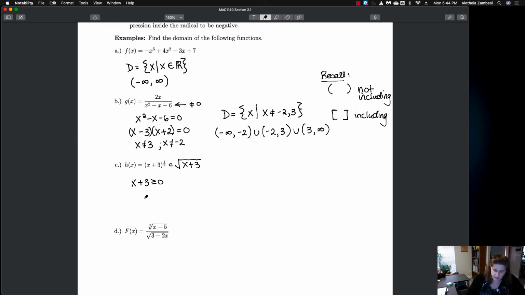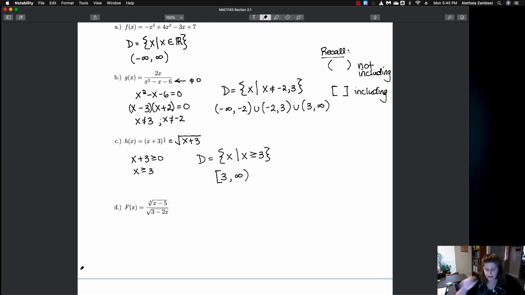Solving this inequality, moving the 3 over, I get x has to be greater than or equal to 3. Again, my set notation: the domain is all values of x such that x is greater than or equal to 3. My interval notation, I'm including 3, so here I have from 3 all the way to infinity.